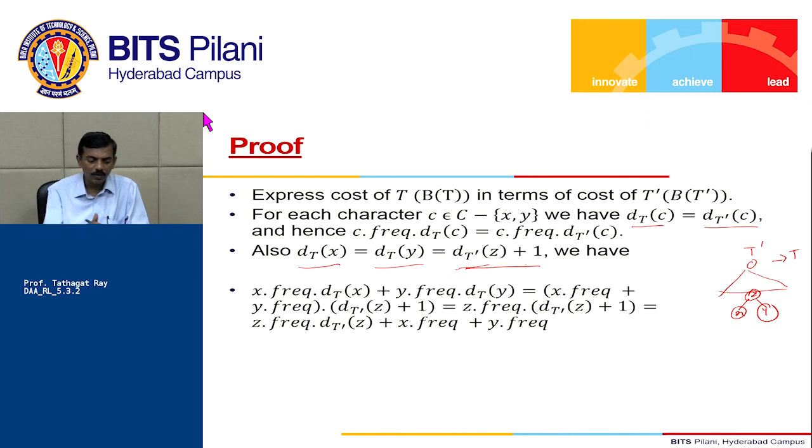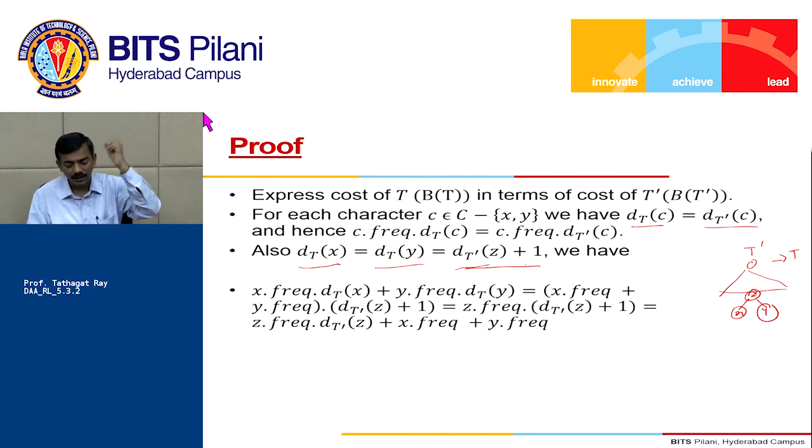So now I can say x.freq times d_T(x) plus y.freq times d_T(y). If I look at T, the only thing I have added is x and y, two more characters. So what is the incremented cost of the tree?